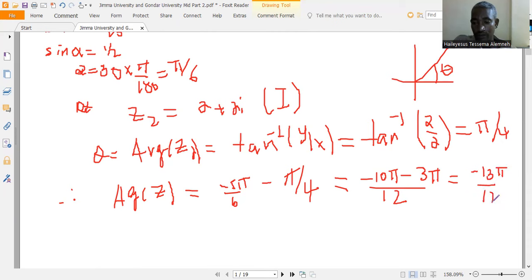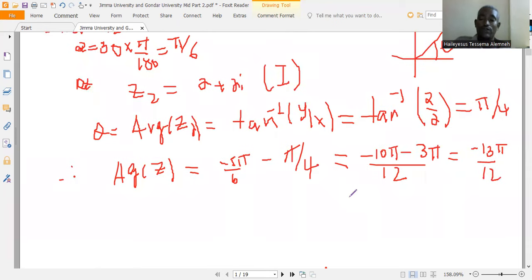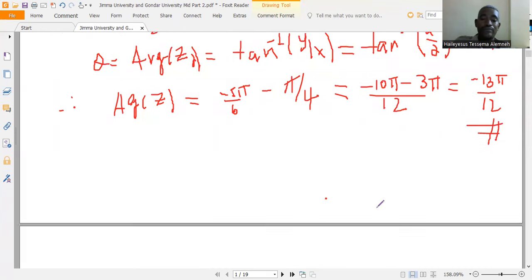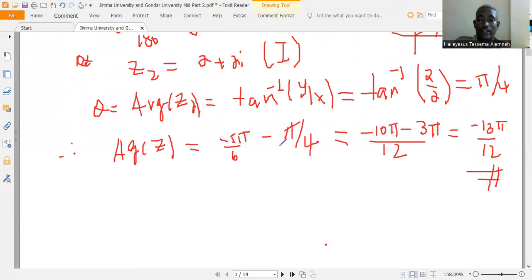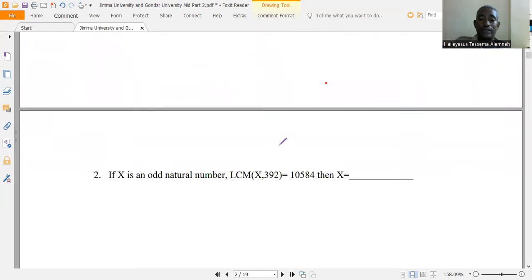This is the principal argument for the question. So using the property of the argument of the quotient of two complex numbers, we can find the argument.